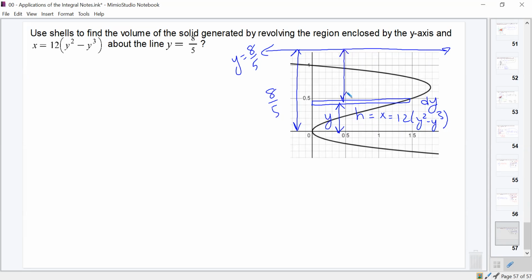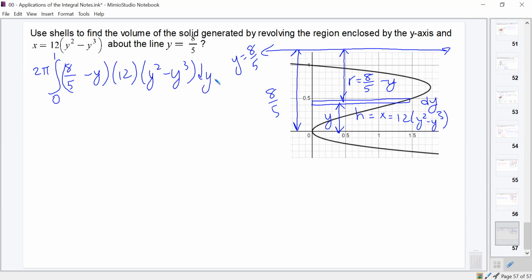So our radius is 8/5 minus y. And so this integral would end up being 2 pi times the integral from 0 to 1 of 8/5 minus y times 12 times y squared minus y cubed dy.